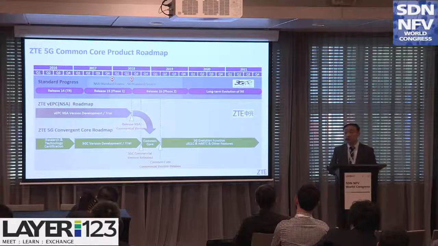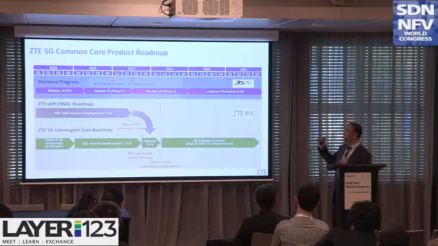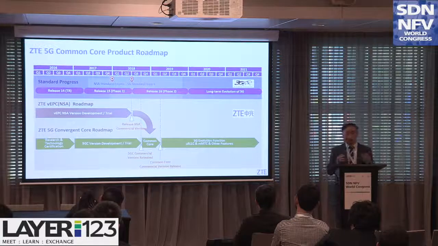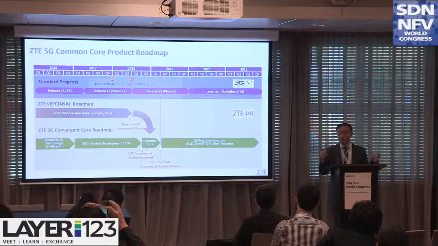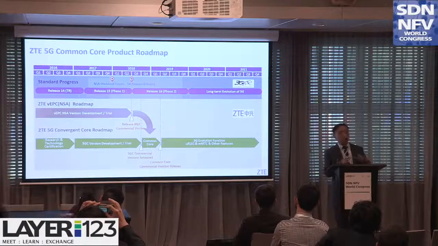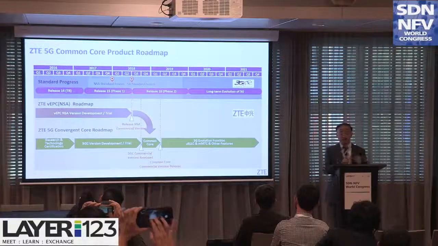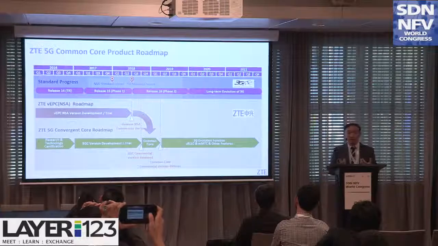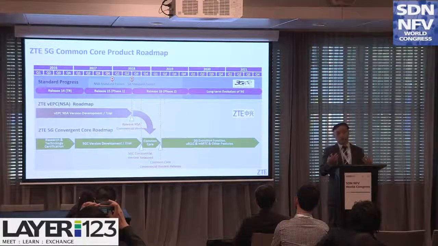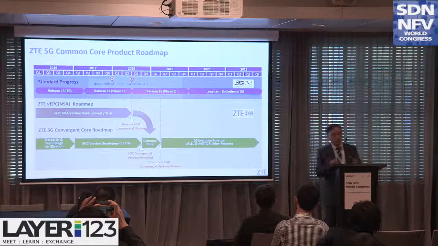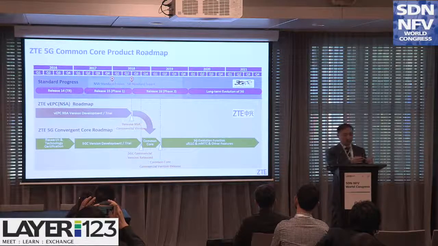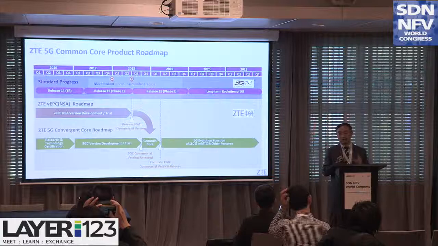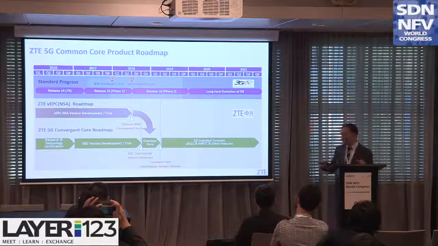And if you are not thinking about 5G and just want to expand your 4G network, you can also use this common core as a standard virtualized EPC, which can sometimes work as a pool with a legacy physical EPC as well. So to my understanding, whether you are trying to introduce 5G now or want to expand your 4G network, common core is the best choice for you.